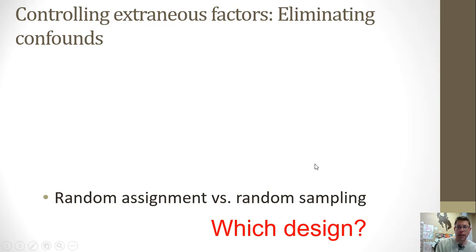Random sampling and generalizing your results, that's more important for frequency type evidence or polling research, where the goal is to be able to generalize your results and say something like, what is the current approval rating of the president? Random sampling would be important for that. Random assignment would be irrelevant for that. Okay, so two completely different things. They relate to different types of evidence. They relate to different types of validity.